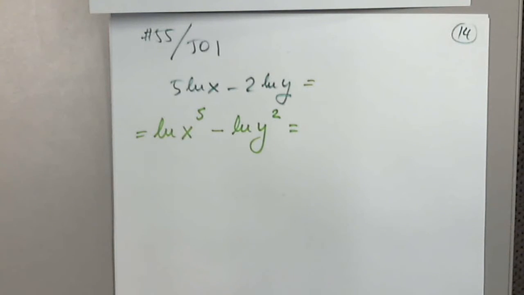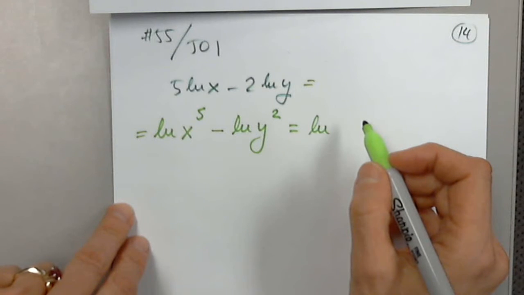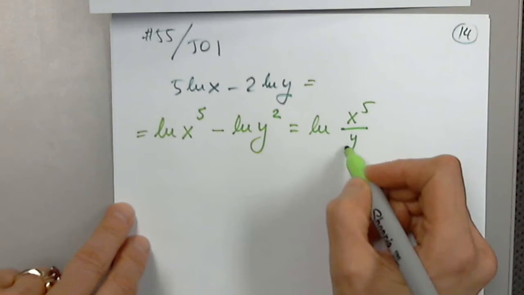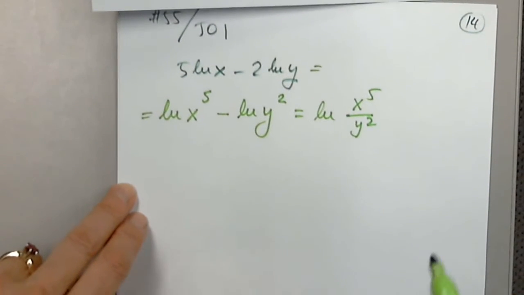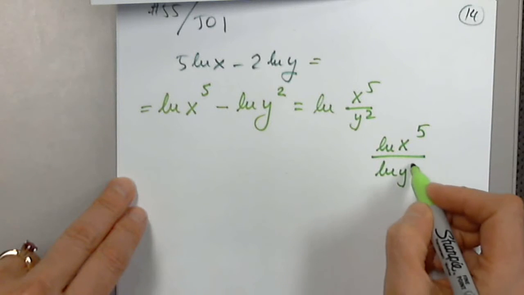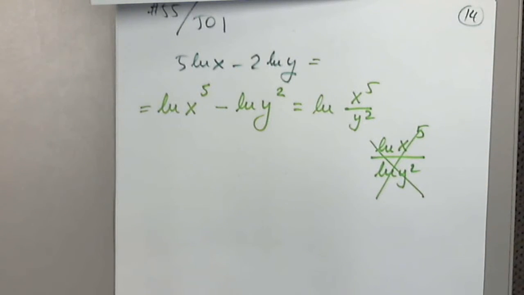Natural log x to the 5th over y squared. Very good. Not to be confused with this. This will be a terrible mistake. This is not the case. I'm not saying you did say it. I just want to emphasize, do not confuse the two. This is totally different than that.